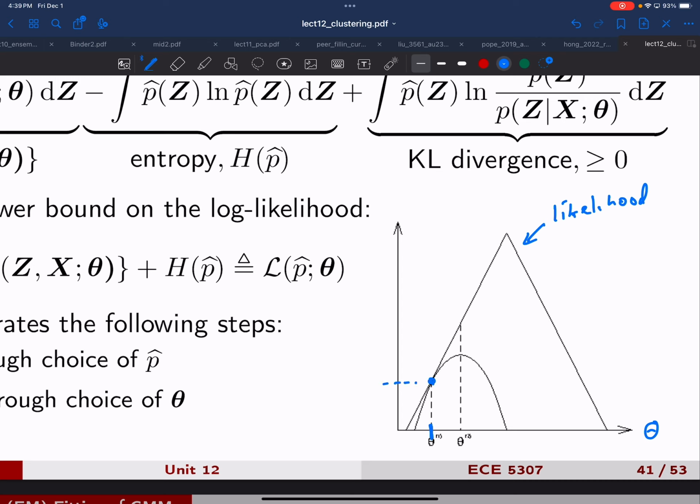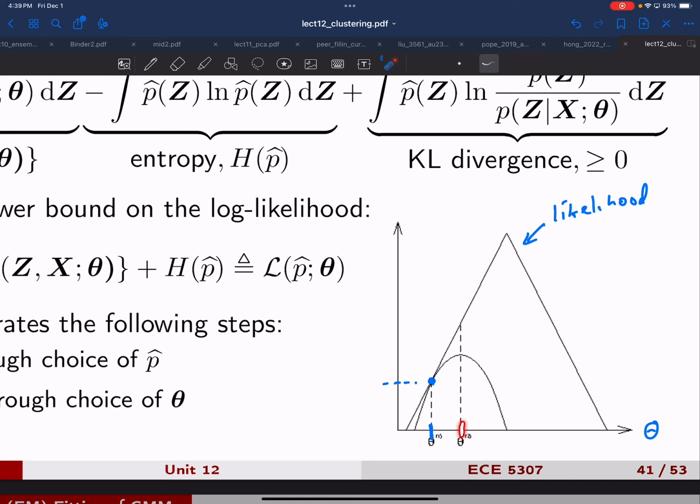So let's make a lower bound on the likelihood function that's friendly to work with. In this case, maybe we made this quadratic lower bound. Because this is a nice lower bound, I can easily maximize it. I can easily find the point at which its derivative goes to 0. And so from here you can see that that would be this point.